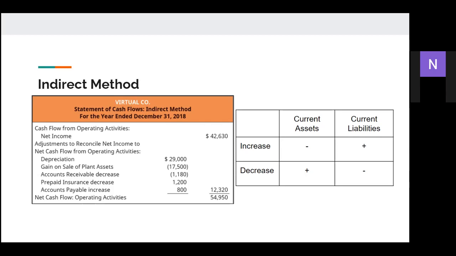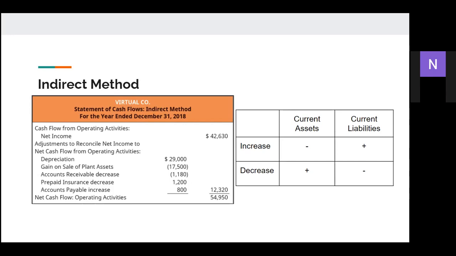And next naman is yung sa accounts receivable decrease, which is less din, and prepaid insurance decrease, and last is yung accounts payable increase. So makikita natin dito sa kabilang side yung increase-decrease ng current assets and current liabilities. So, ibig sabihin dito, kapag nag-increase yung current assets, ibabawas natin siya.